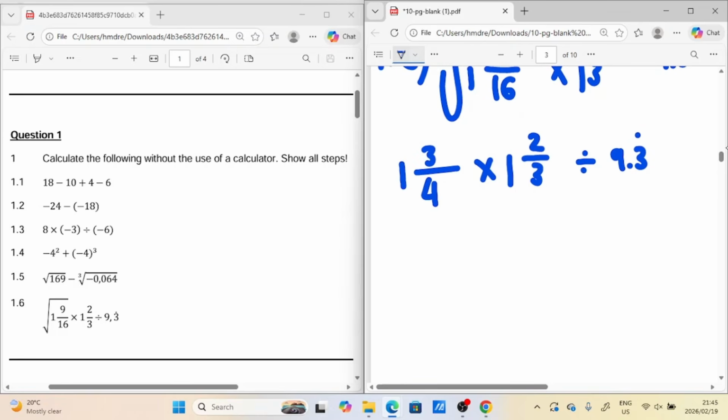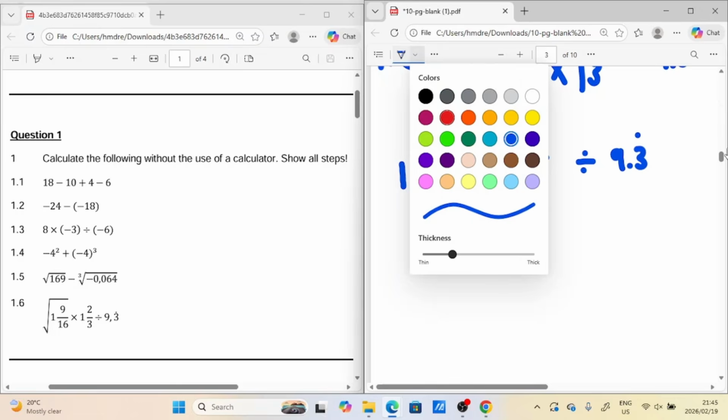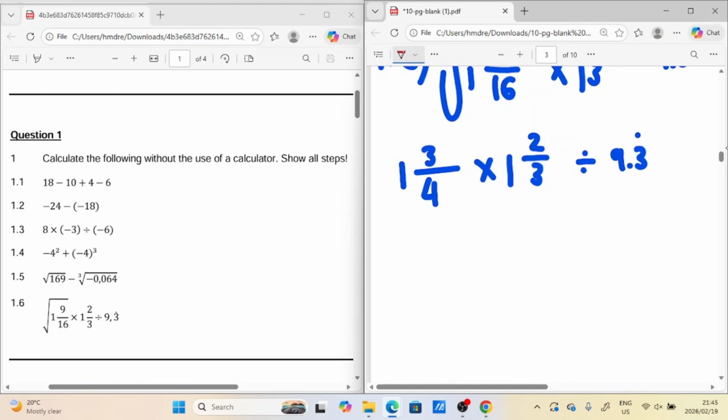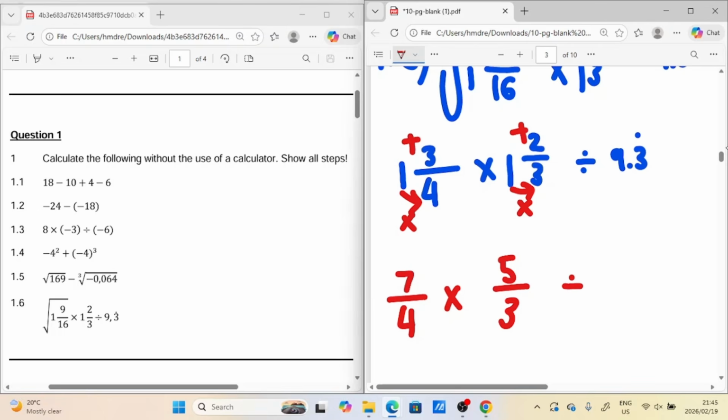Okay, if we are going to work these fractions out, I would convert them to improper fractions first. So 1 times 4 is 4, add 3 is 7, so 7 quarters, times this one, if we convert it to an improper fraction, 1 times 3 is 3, add the 2 is 5, 5 over 3, and still divided by that 9.3 recurring.